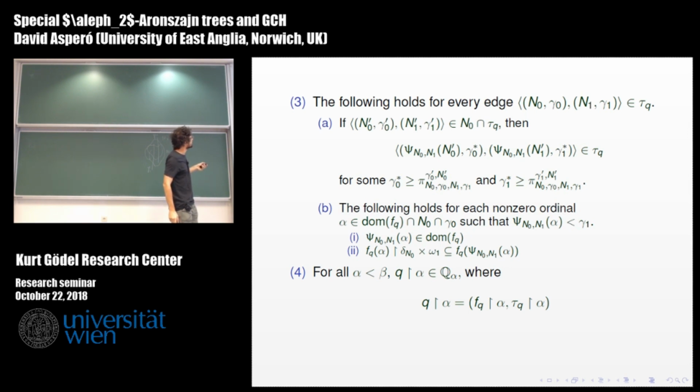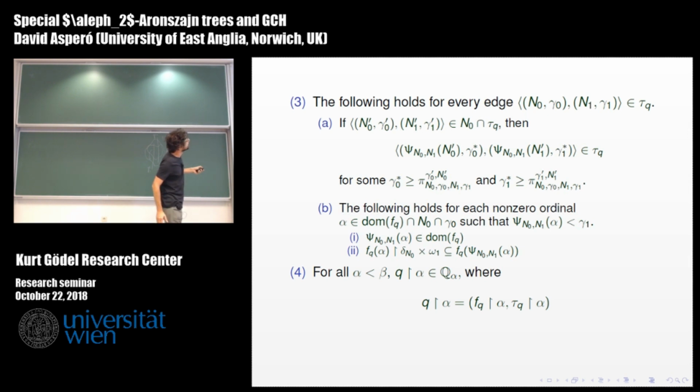Then psi of alpha is also in the domain of f, and f of alpha, restricted to the height of n0 cross omega 1, is contained in f q of the image of alpha. That's exactly what it means to copy the information that sits on alpha onto psi of alpha, because the FQ is partial specializing information. Yes, exactly.